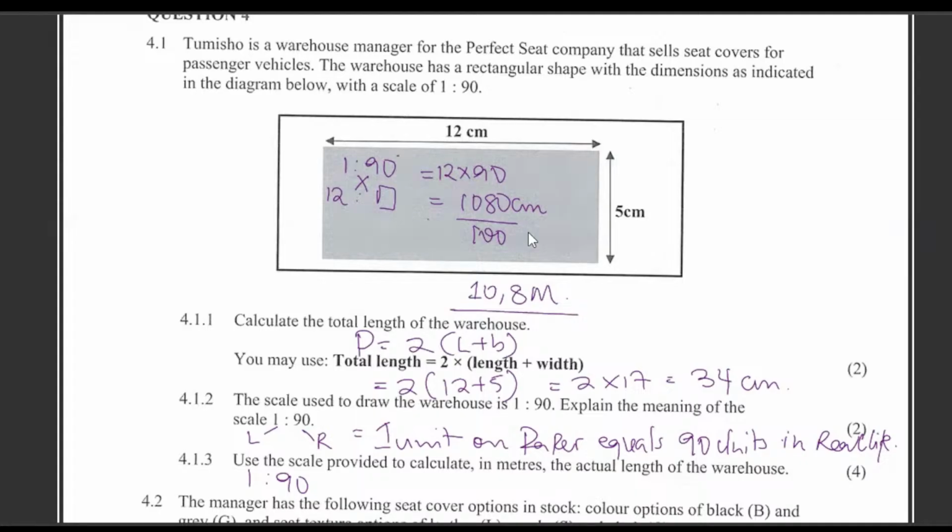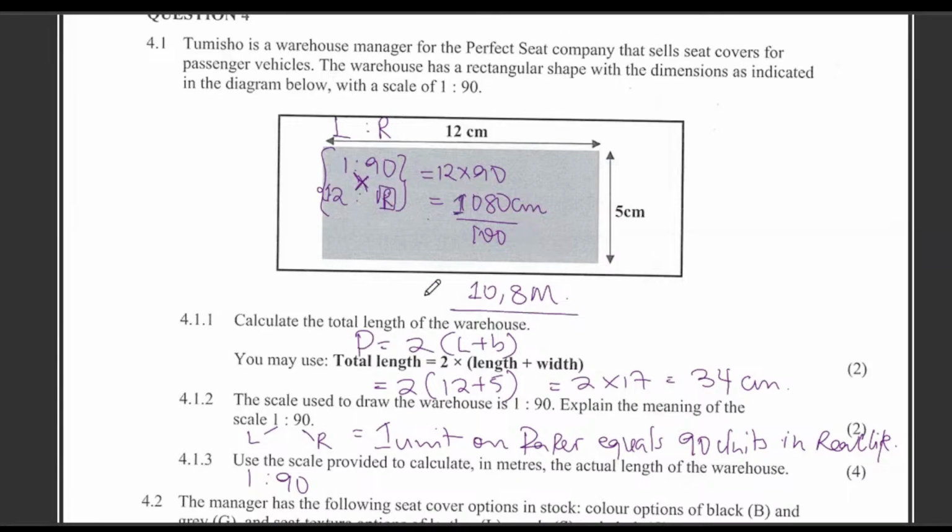The trick is here. Write down the scale, substitute correctly, then continue from there. The reason why we use this method is to find out whether I am going to divide or multiply. Take note, measurements on paper have to be on the left, and measurements in real life have to be on the right-hand side. So we are looking for the real-life measurement. If it's 12 on paper, what will it be in real life?